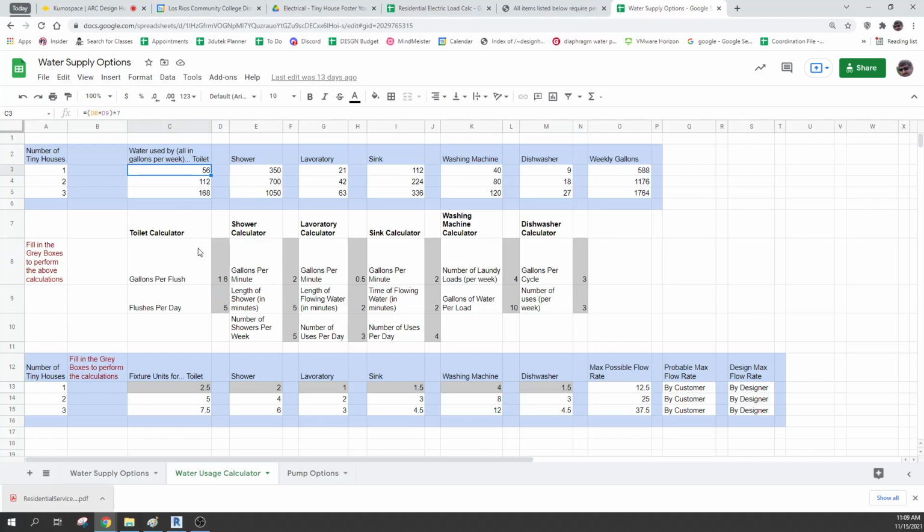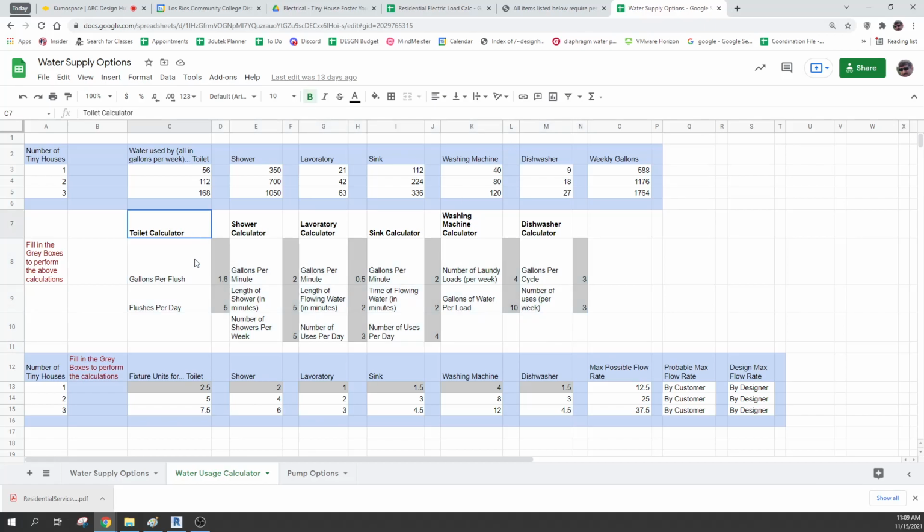Goes right there. And this is per week, so then you have to multiply by 7. All of this gets down to per week. So look this over and learn how to use it. We'll go over it more next time, but it was a calculator that was made for a specific use. You're going to need to modify this a little bit to tailor it for your own use.